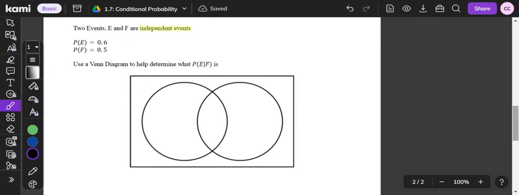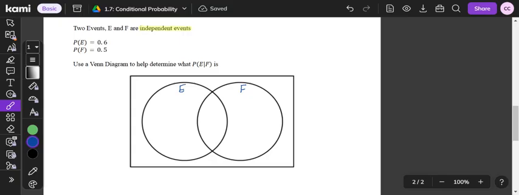Let's talk about independent events. First it says use this Venn diagram, and we're going to determine the probability of E given F. We have two events, E and F. I'm going to label one circle E and one circle F, and we know they're independent.